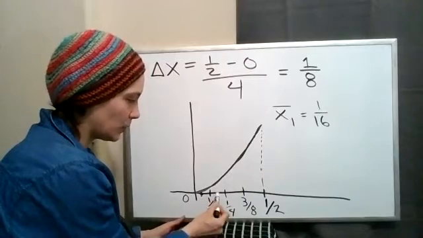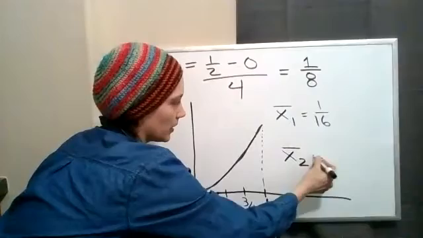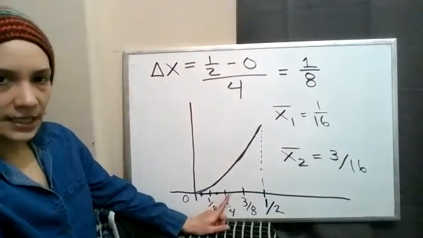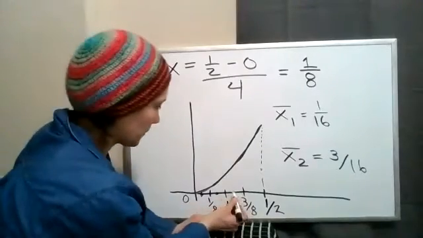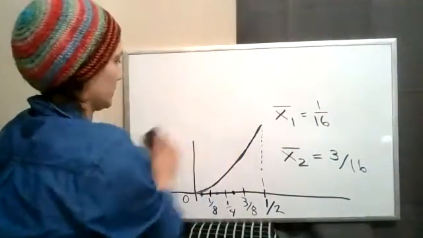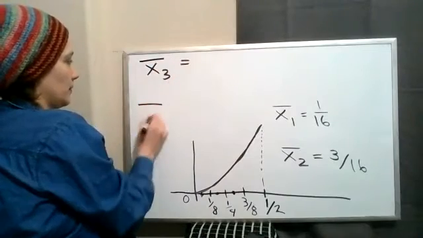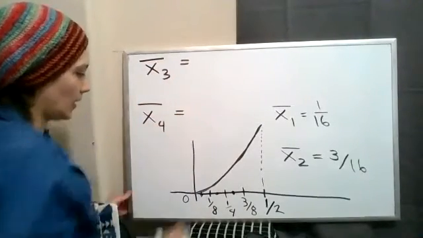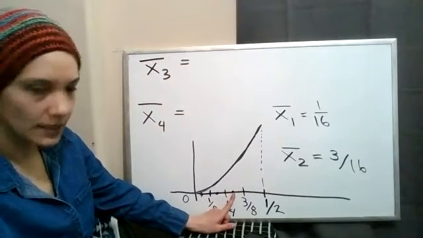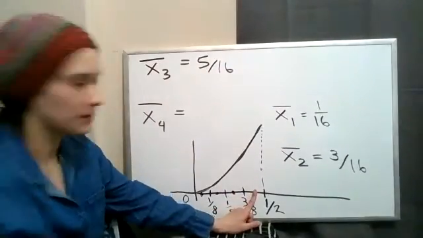And 2/16, the next midpoint is 3/16, which would be x2 bar. 4/16, 5/16 is the following midpoint. Okay. 1/16, 2/16, 3/16, 4/16, 5/16, 6/16, and then 7/16.